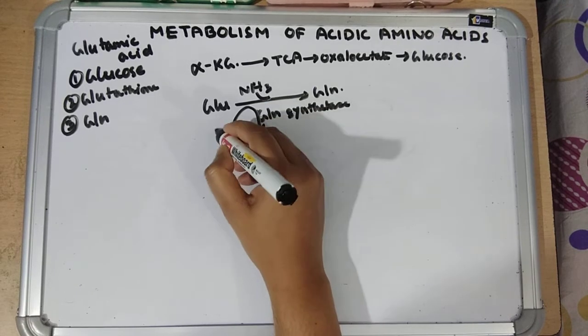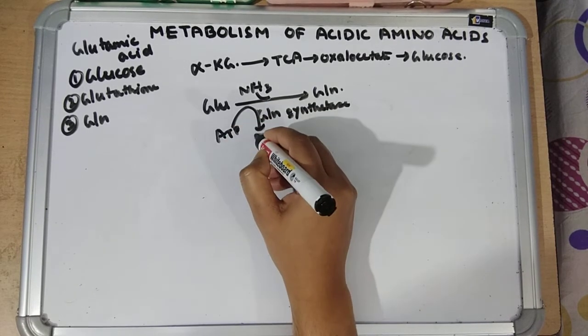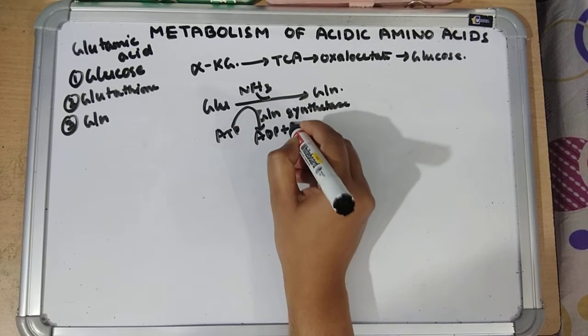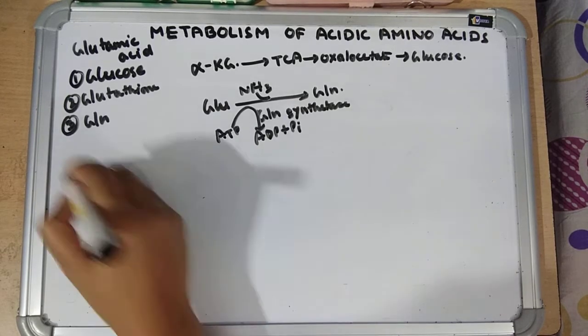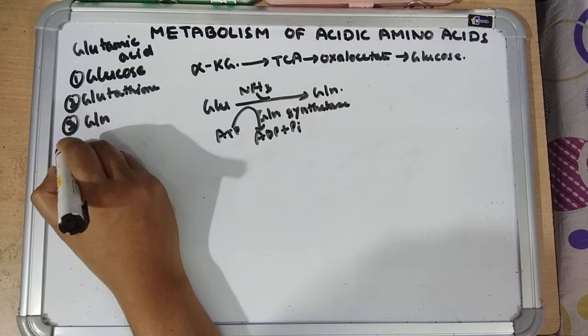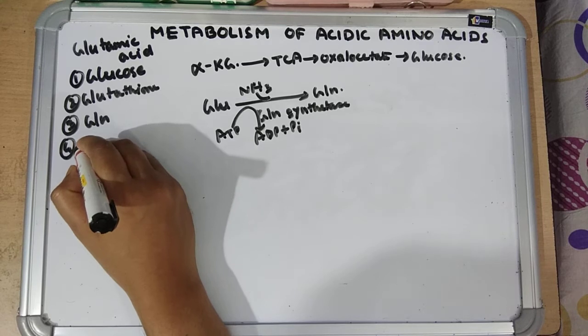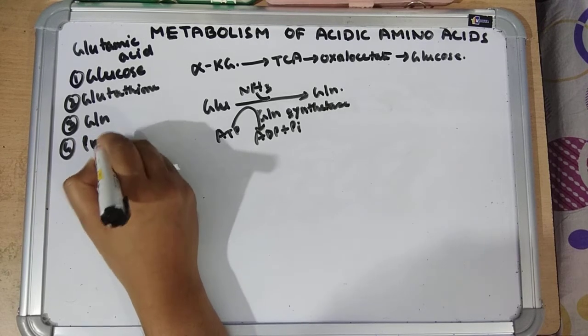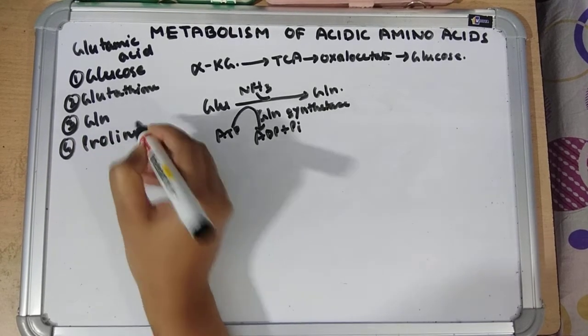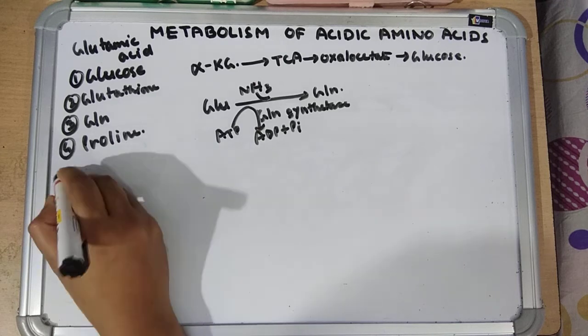ATP is required. So that is how glutamine is synthesized. Number 4 is synthesis of proline. It has been discussed in an earlier video.